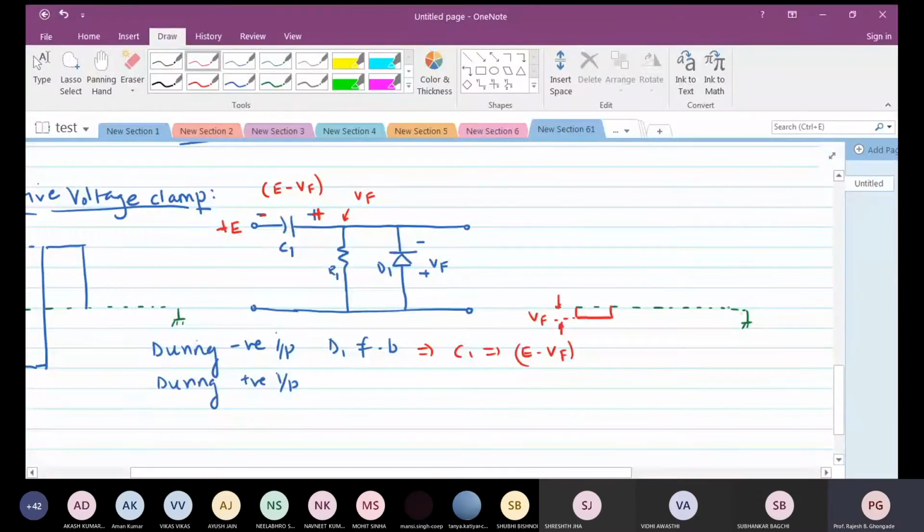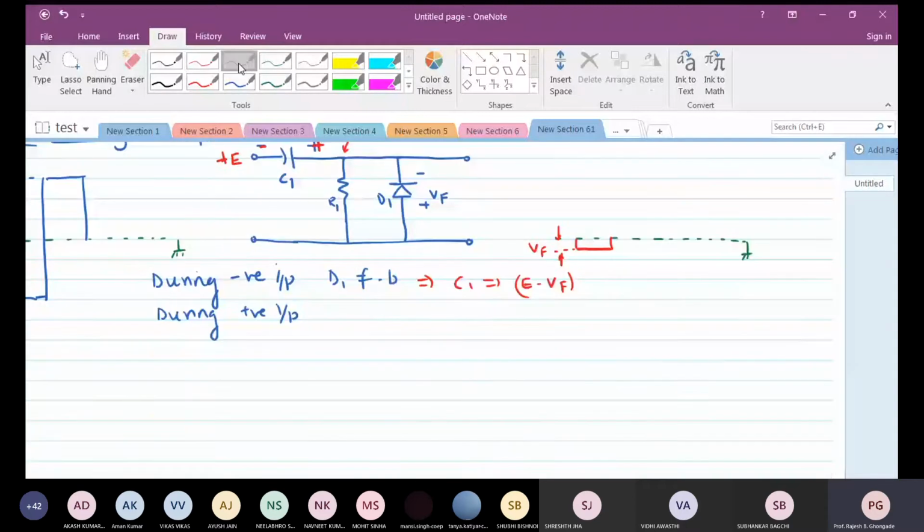So here again, if we use the same kind of analogy for the batteries in series, if you have a battery here with E, the capacitor will also act as a battery, isn't it? This is VC, and the diode.